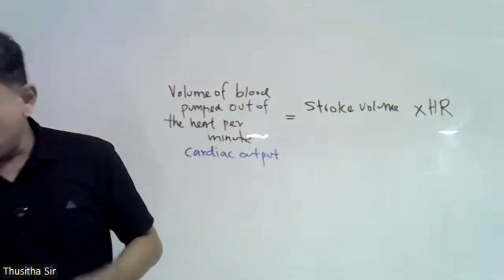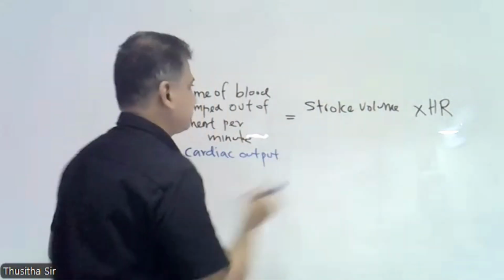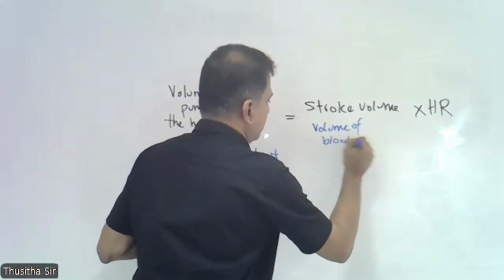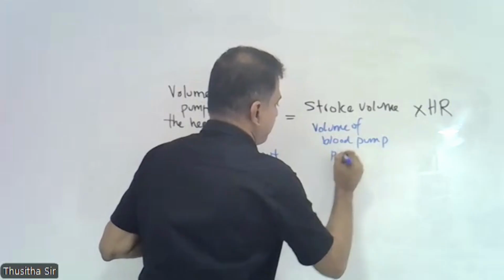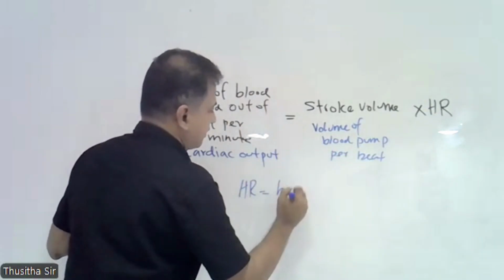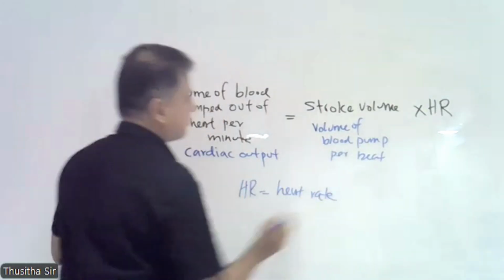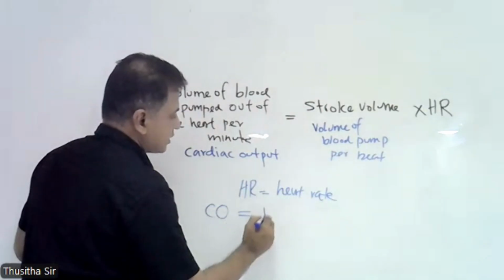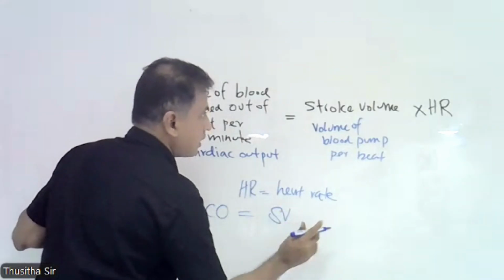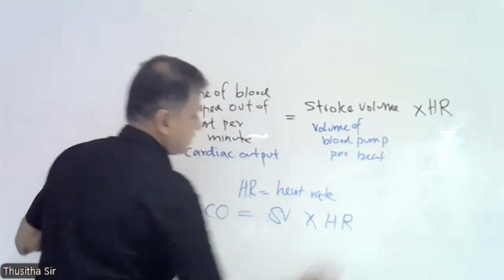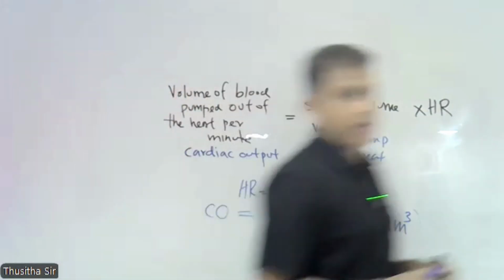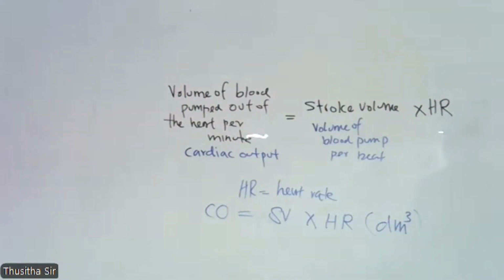Stroke volume is the volume of blood pumped per beat, and HR is heart rate. So cardiac output is stroke volume into heart rate. Usually we write it as CO. This formula can be given in the exam or not given.